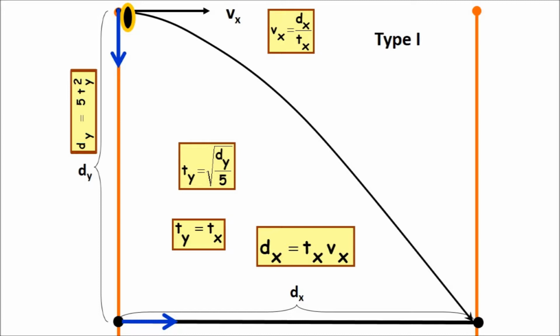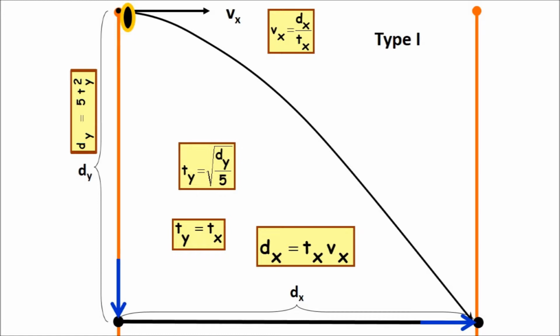The time it takes to fall times the velocity is going to equal the distance it goes horizontally. So the ball will hit dx away from the cliff. At the same time, the ball would drop the distance dy.